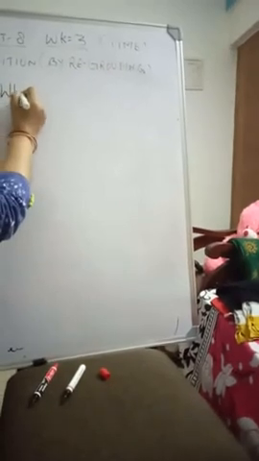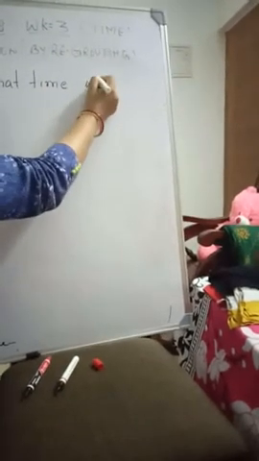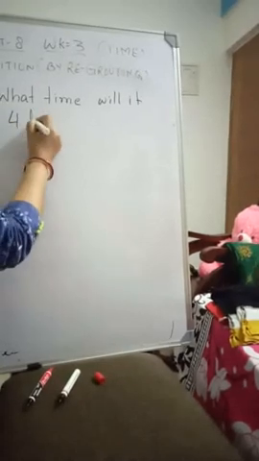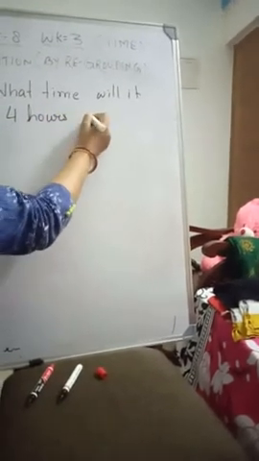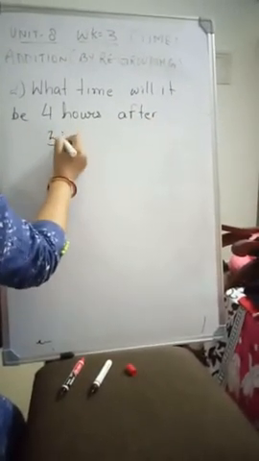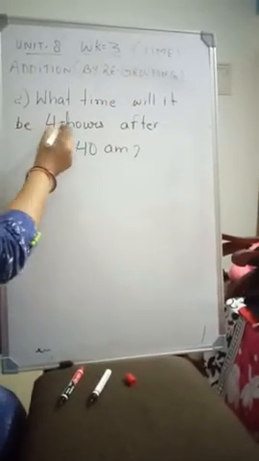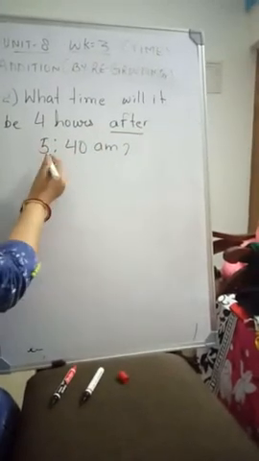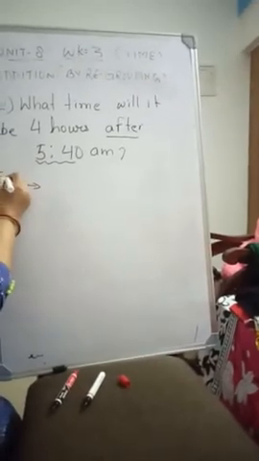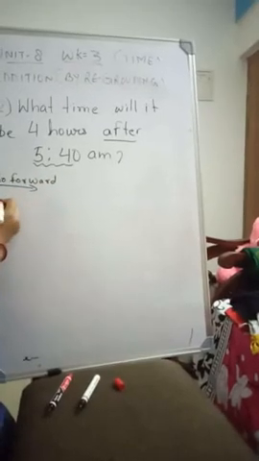What time will it be 4 hours after 5:40 a.m.? What time will it be 4 hours after 5:40 a.m.? So we will go forward. We have to go forward. Correct? So here 5:40.